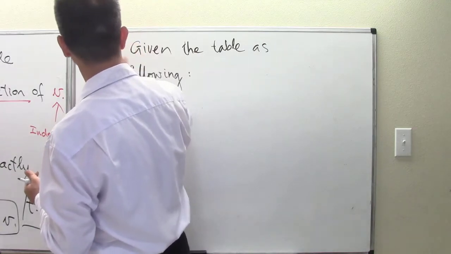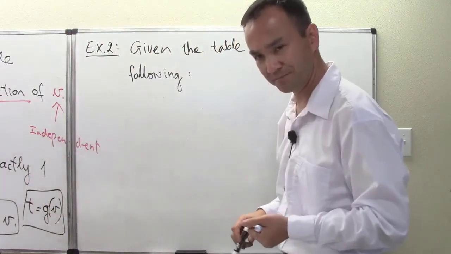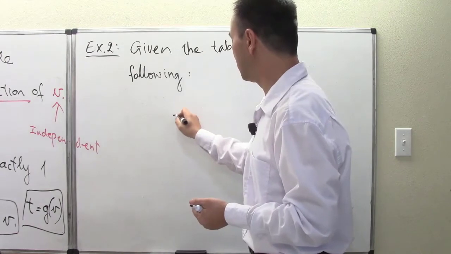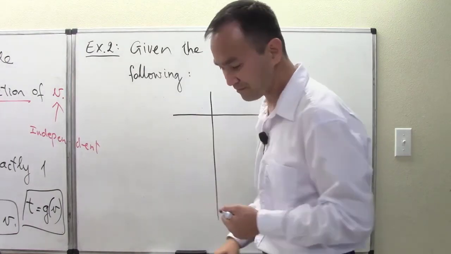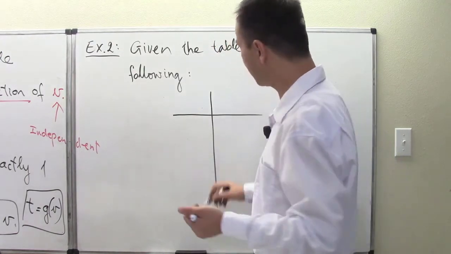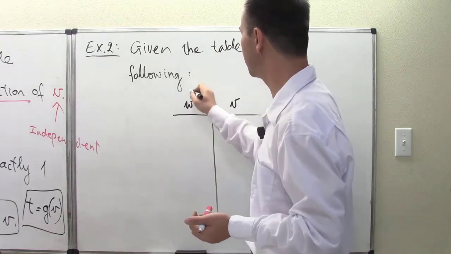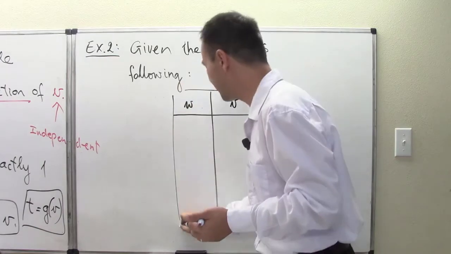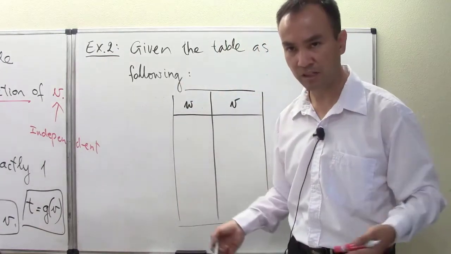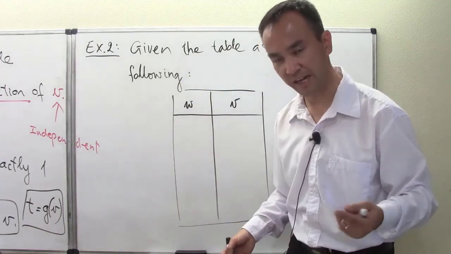Example 2, we're given a different table as the following. This time, let's call these W and V right here. Two variables. Any one of them could be the input and the other one is, of course, the output, okay?